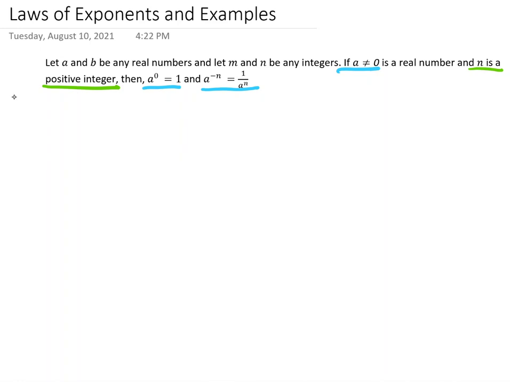So let us consider the first law of exponents. If we have A raised to the power of M multiplied by A raised to the power of N, then since these bases are the same, we pick one A, then we add the exponents.